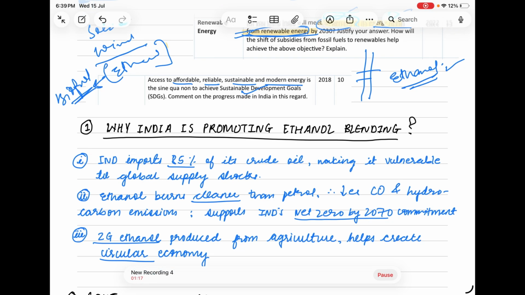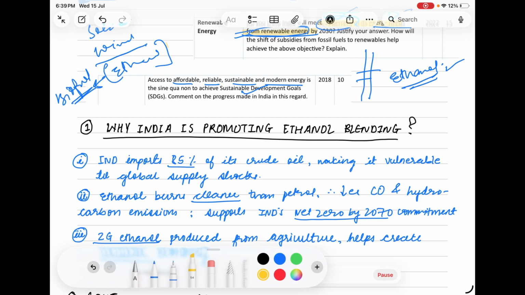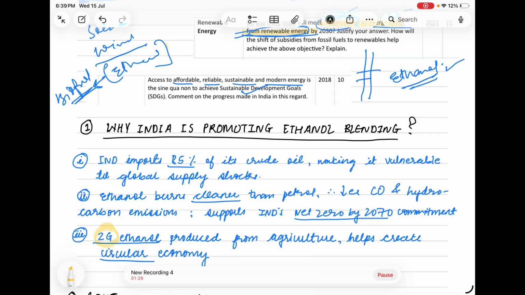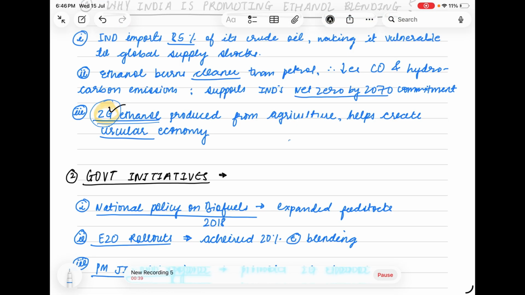Understand the types of ethanol. You can see here I have used the word 2G ethanol. What does 2G ethanol mean? Let us see. There is 1G, 2G, 3G, 4G ethanol.